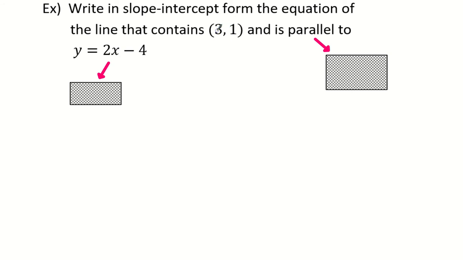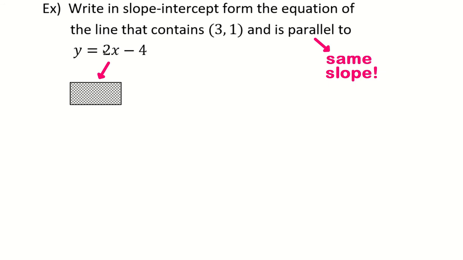I have a point. What else do I need? I need the slope. Well, when they say that it's parallel to this other equation, that's what they're doing to kind of give you the slope. So remember, parallel means same slope. So my equation for my line is going to have the same slope as this.